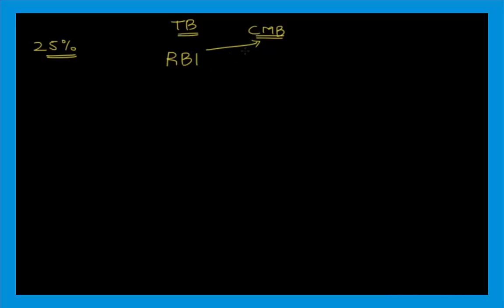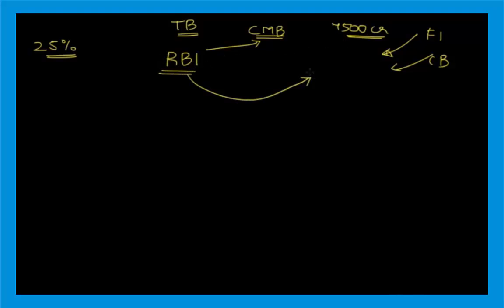So RBI will announce in the market that they are willing to raise up to, let's say, 7,500 crore rupees. Financial institutions like mutual funds, commercial banks, and all will give this 7,500 crore rupees to RBI. RBI will issue a promissory note to them saying, I will return your 7,500 crore rupees with interest.